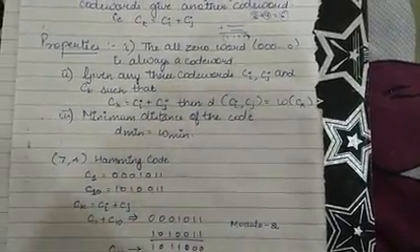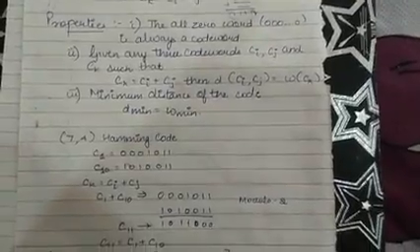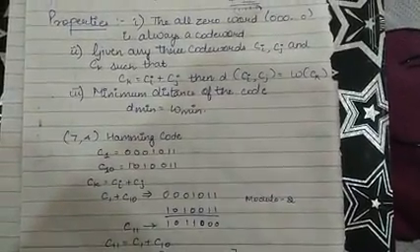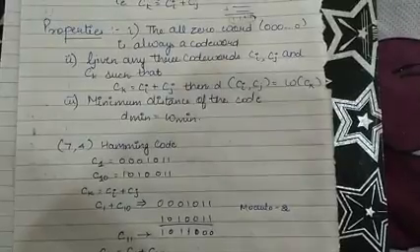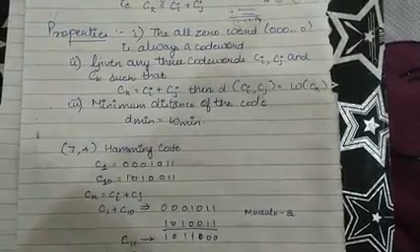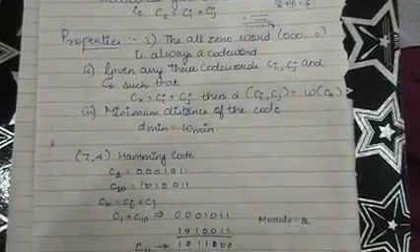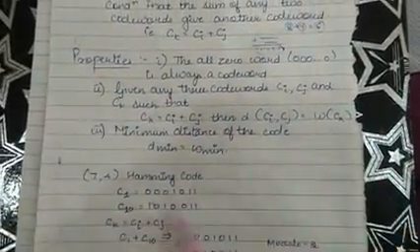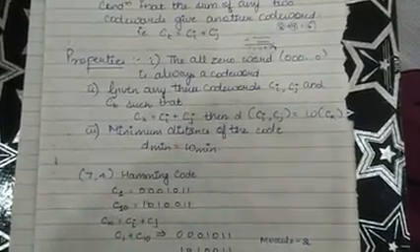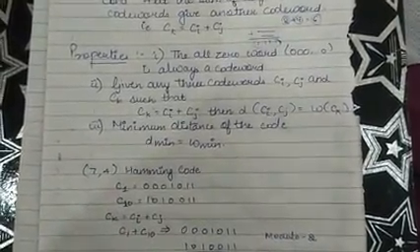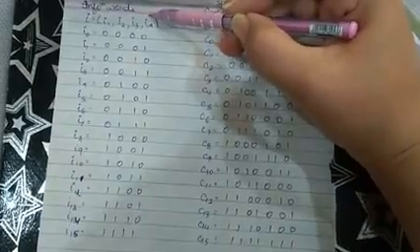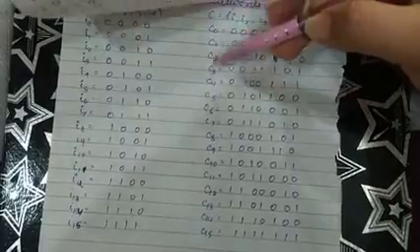I have told you earlier that 7,4 is the most popular Hamming code, so we will solve our problem using the 7,4 Hamming code. This is the 7,4 Hamming code example, where 4 were the information bits and 7 was the code word. You can pick any two values from these.